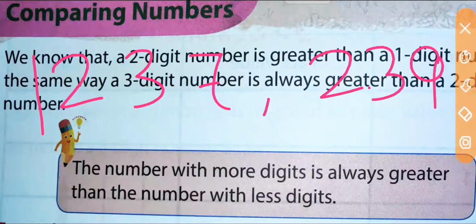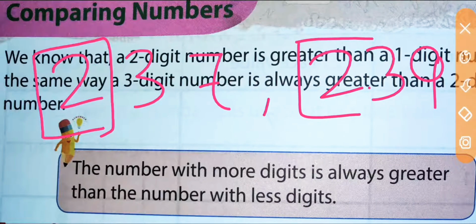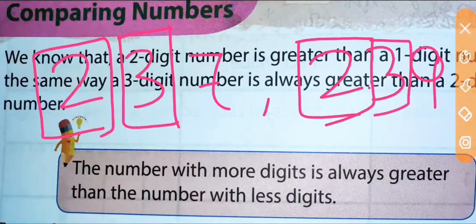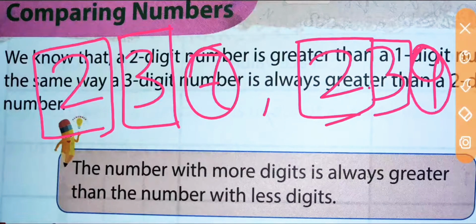We can see in this case the digits at the place of hundreds of two numbers are the same, and the digits at the place of tens are also the same. Now we have to check the digits at the place of ones. Here is 7 and here is 9.